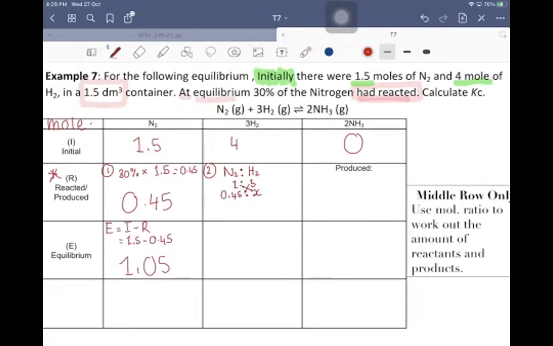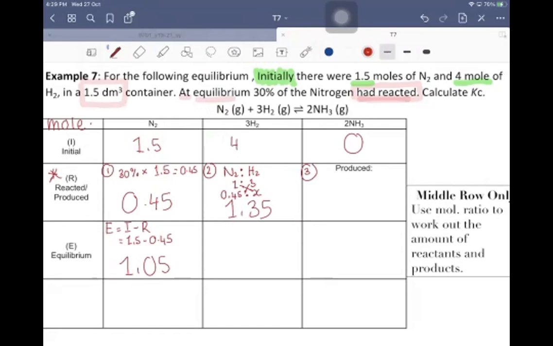So that's one of the most important applications of your mole ratio. Okay, so that means it's 0.45 times 3, 1.35.